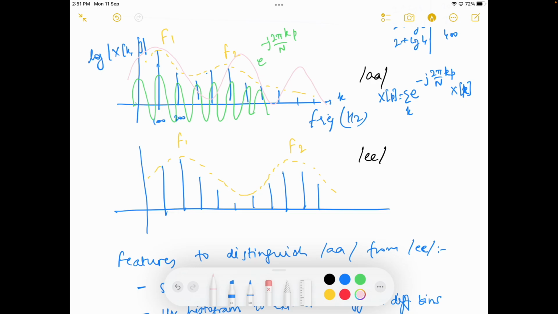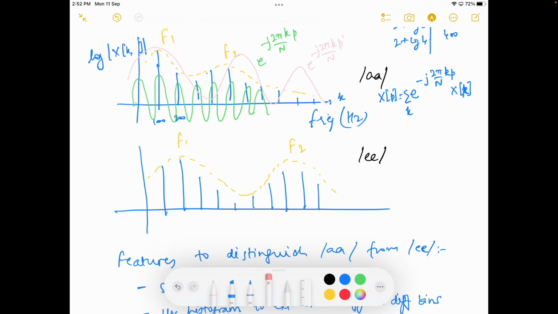Right? I'll get a peak here. P dash. Right? It kind of matches with this kind of structure, right? I think I made it a little bit shifted. Let me try again.